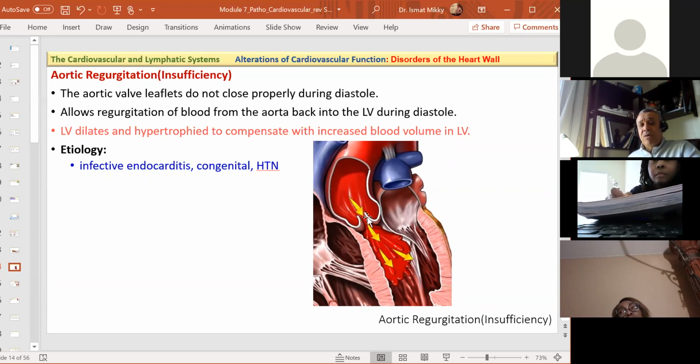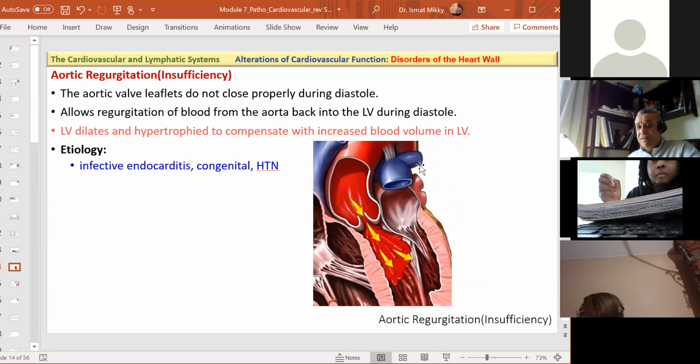So it will allow, and what is obvious here is that the aortic valve during the diastole, which is the filling phase, relaxation phase of the ventricle or the cardiac cycle, is supposed to be closed, but during the filling phase, while the blood is being filled from the left atria into the left ventricle through the mitral valve, which is wide open.